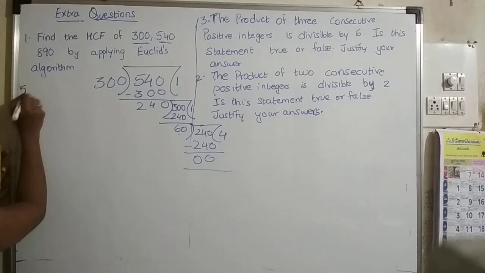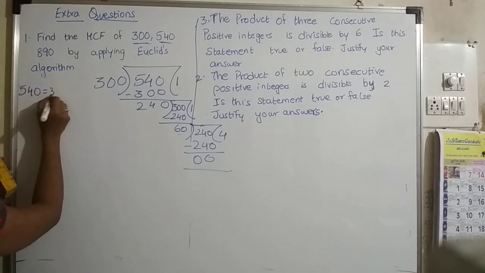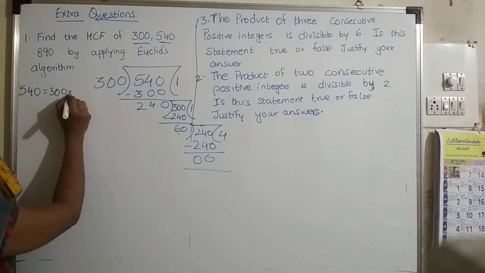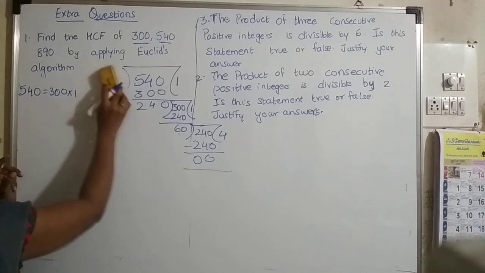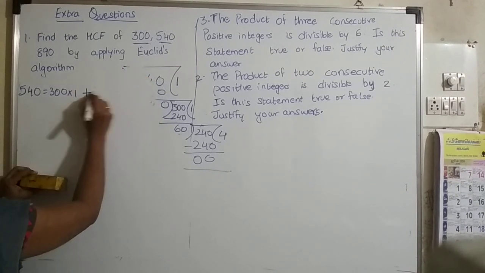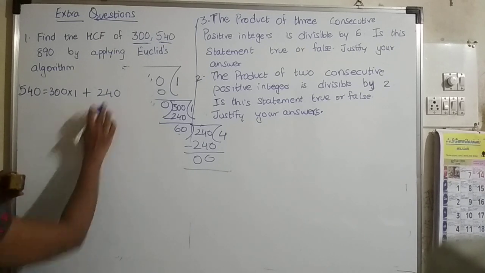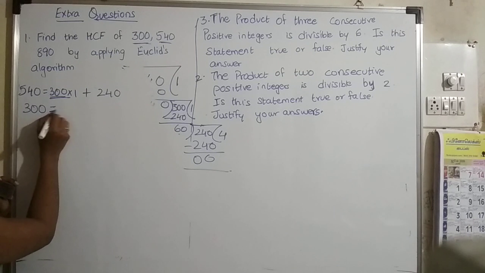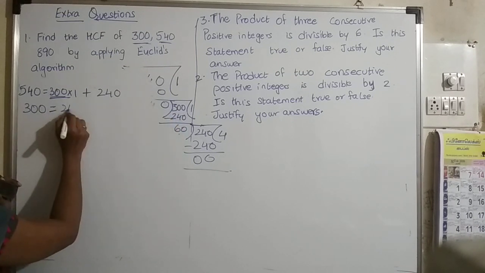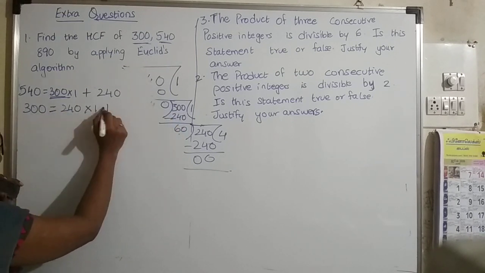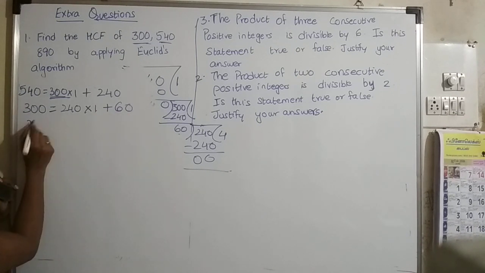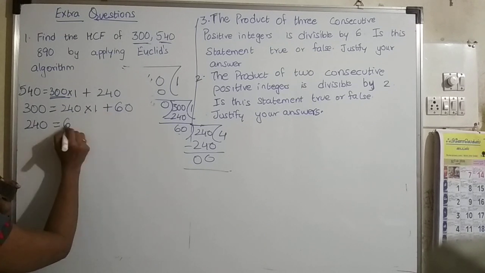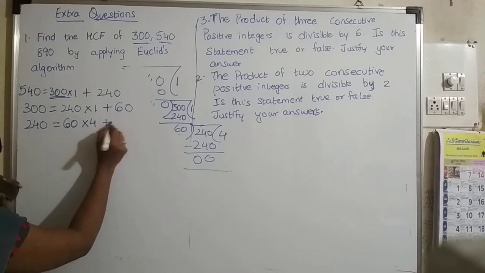So let's jot it down. 540 equals 300 into 1 plus 240, that is A equals B into Q plus R, where Q is 1 and R is 240. Then 300 becomes your A and 240 your B: 300 equals 240 into 1 plus 60. Now 240 becomes your A and the remainder 60 becomes your B: 240 equals 60 into 4 plus 0.